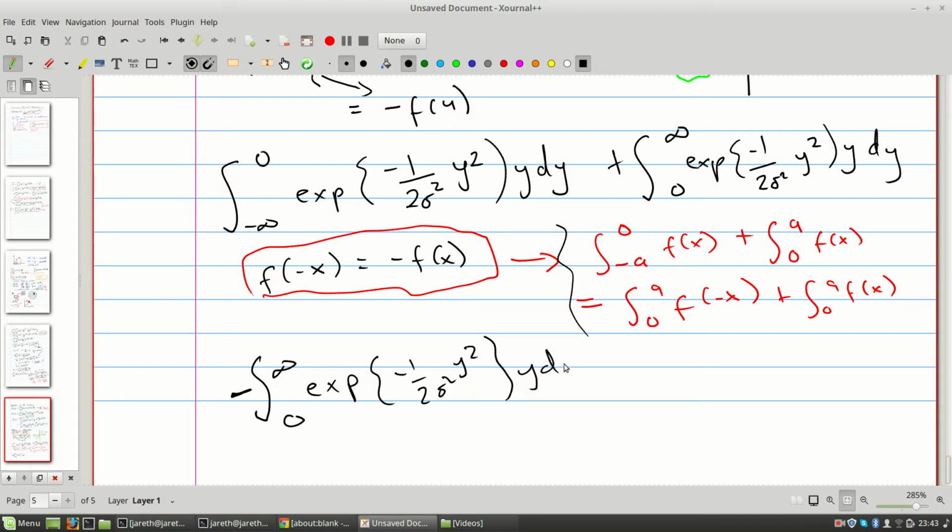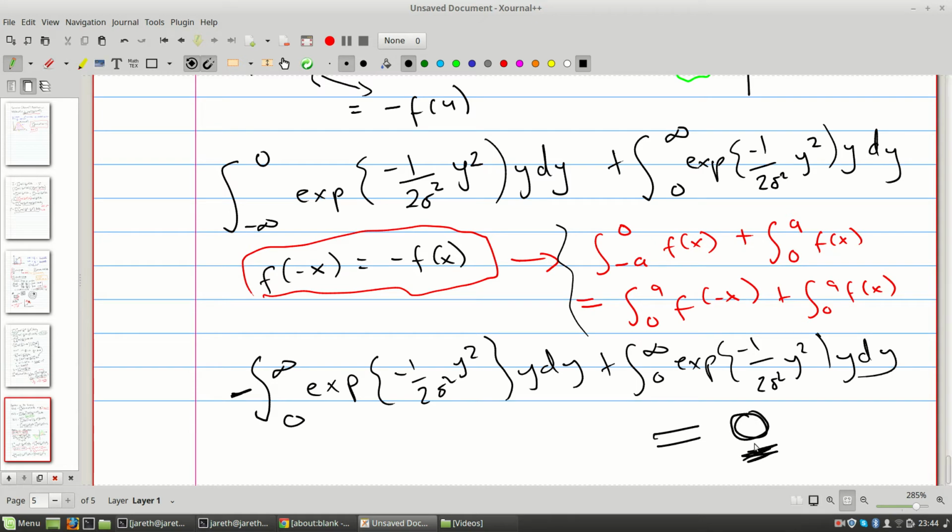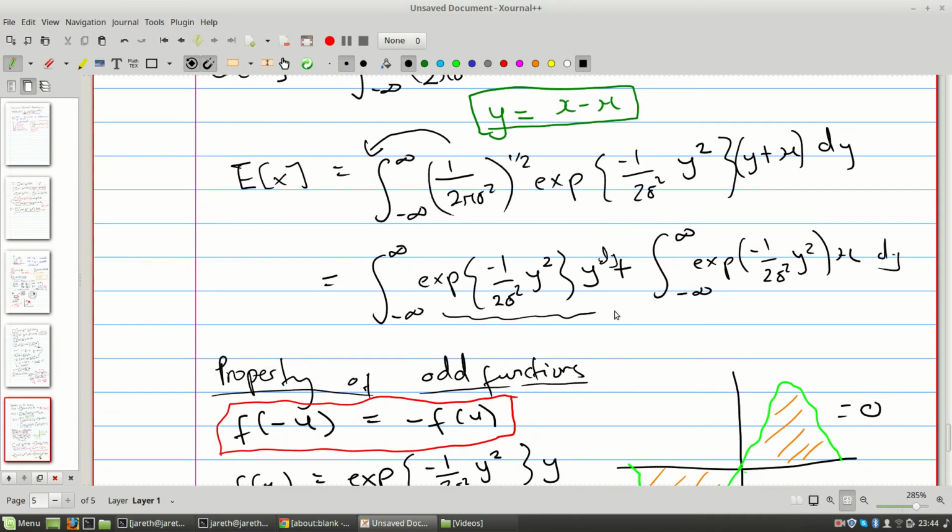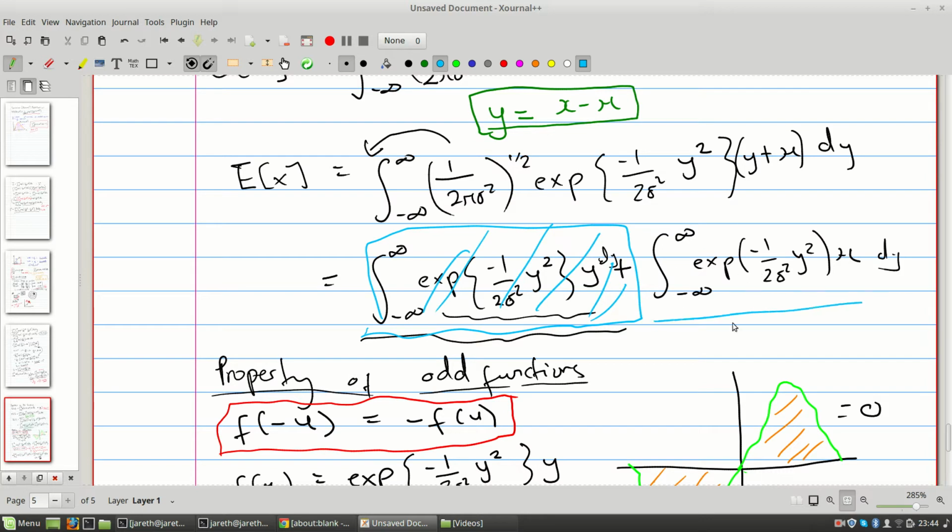Then this is y dy, plus the integral from 0 to infinity of the exponent of minus 1 over 2 sigma squared y squared times y dy, and this is equal to 0, right? So what we have done is prove that the integral we have over here is going to boil down to 0. So now we're going to evaluate the remaining integral.